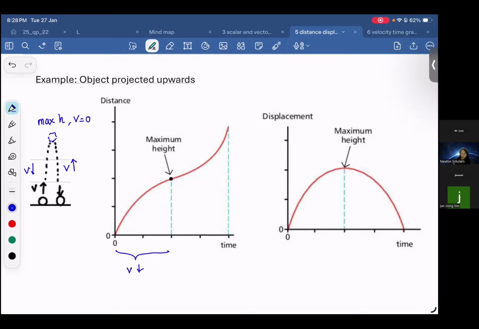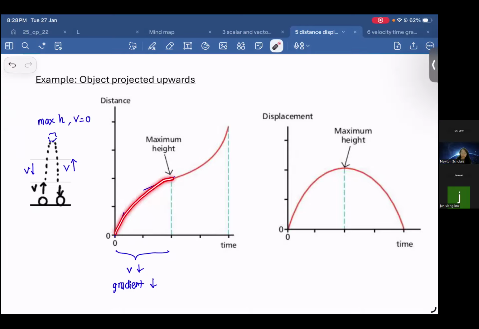Velocity decrease, what does it mean? Your gradient should be decreased. If we draw the triangle here, you will find that this is actually showing a lower gradient. Are you able to get my idea why this part looks like this? Why is the graph line like this?